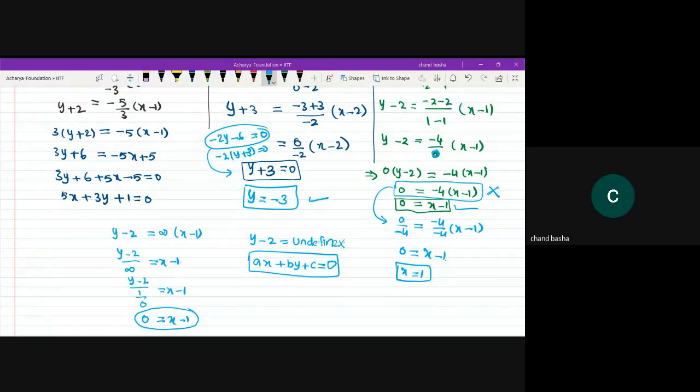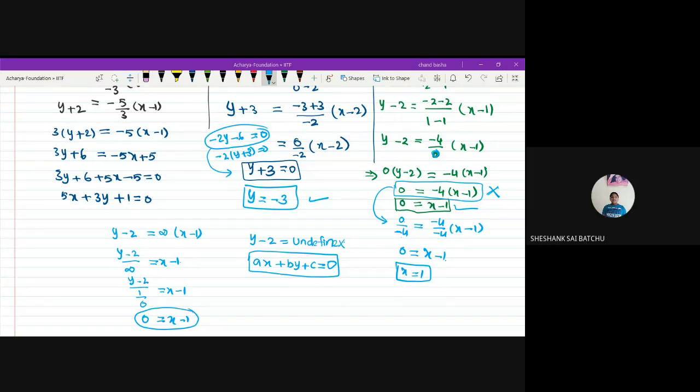Shashank? Yes, sir. Sir, in the formula ax plus by plus c is equal to 0, c is a constant, right, sir? A, B, C are also constant values, any numbers, and you wrote x and y. X and Y are variables, and A, B, C are any constant values, any coefficients.